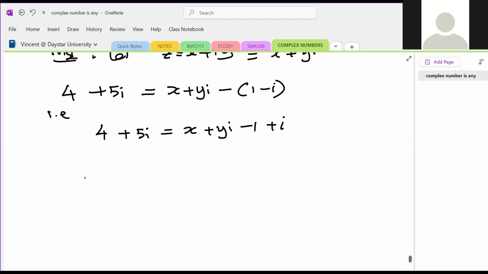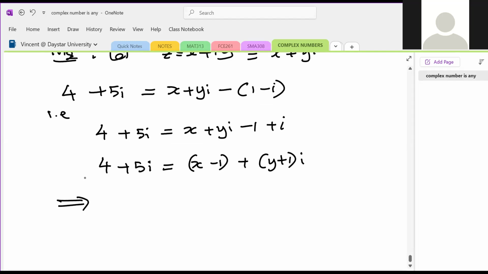Then on the right-hand side, collect real and imaginary parts. So we'll have x minus 1 plus (y plus 1) i. So which tells us that 4 should equal x minus 1, and 5 should be the same as y plus 1.